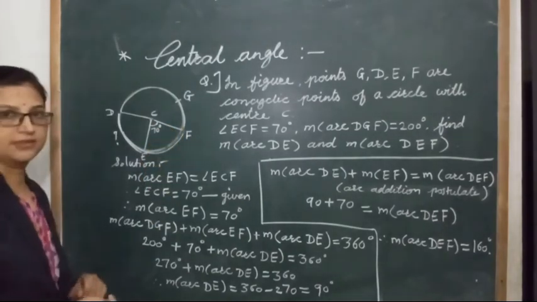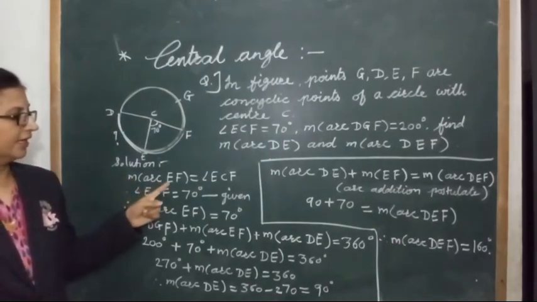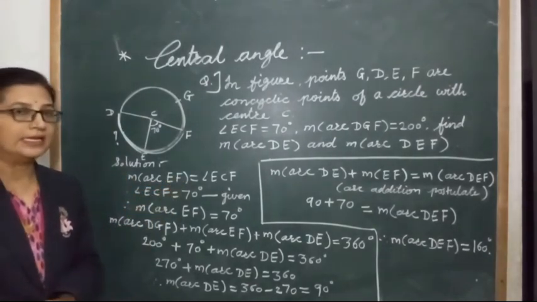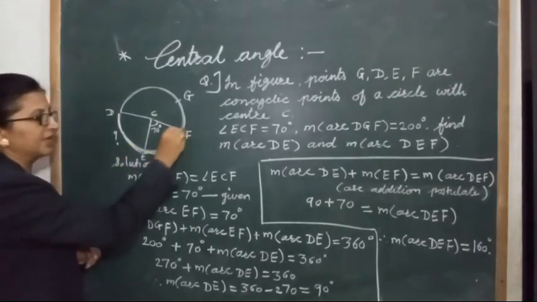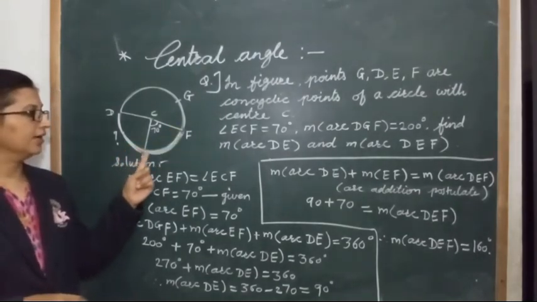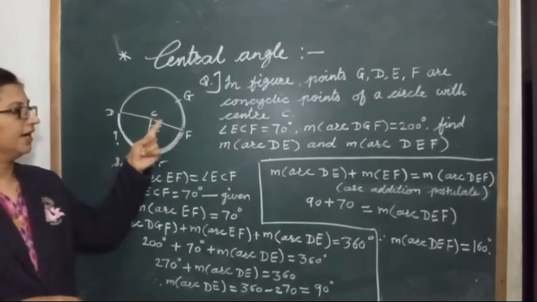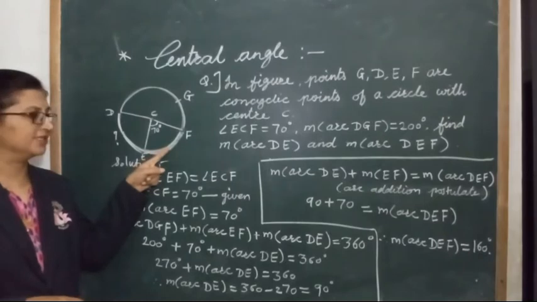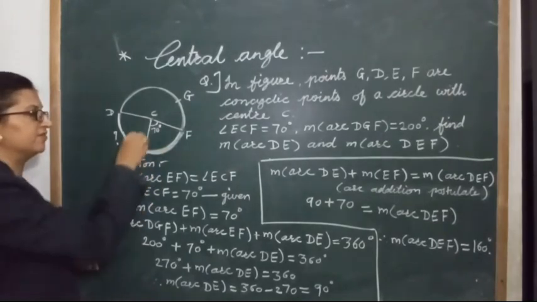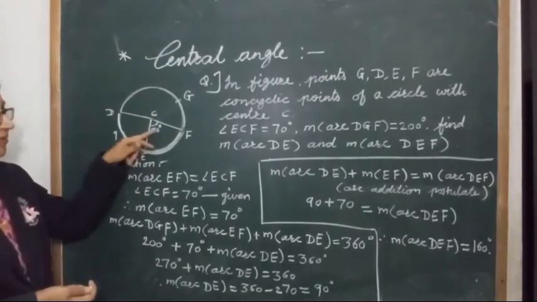Okay, let's solve this. Now here, the measure of arc EF is equal to angle ECF, right? Arc EF subtends the angle ECF at the center. So we know this relation: the measure of a central angle is equal to its intercepted arc. So whatever the measure of this angle is will be the measure of this arc, and whatever the measure of this arc is will be this angle.